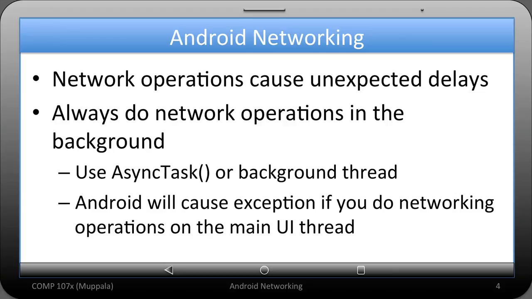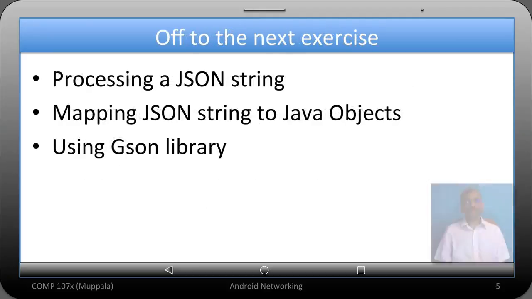In fact, Android prohibits you from doing networking operations on the main UI thread. If you do that, your app will crash. So this is where you need to leverage techniques that allow you to offload the work to the background. And one such technique that we will deal with is called the async task approach. Okay, so that's something that we will deal with in this course.